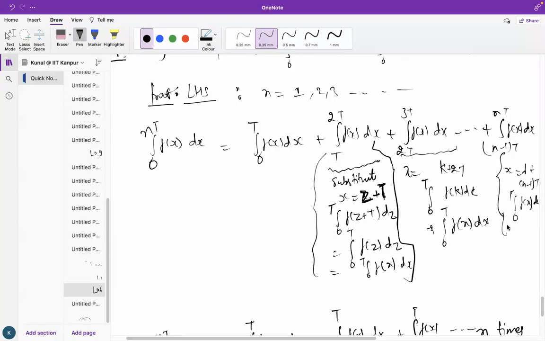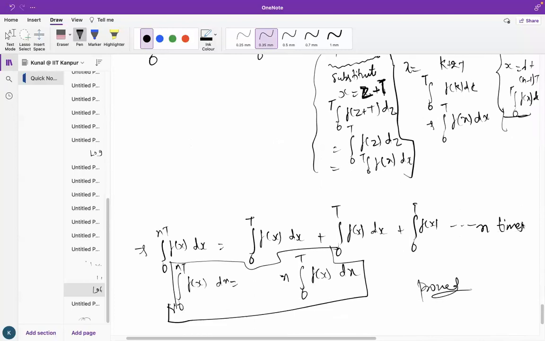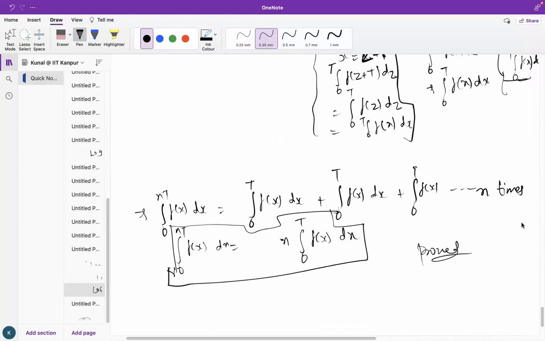Okay, so you have to go through it. When we add this whole thing, we get the integral from 0 to T of f(x) dx, repeated n times.